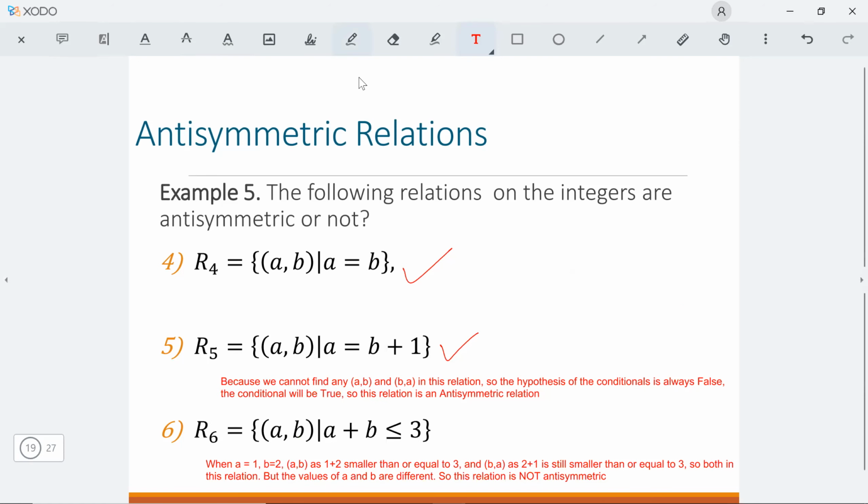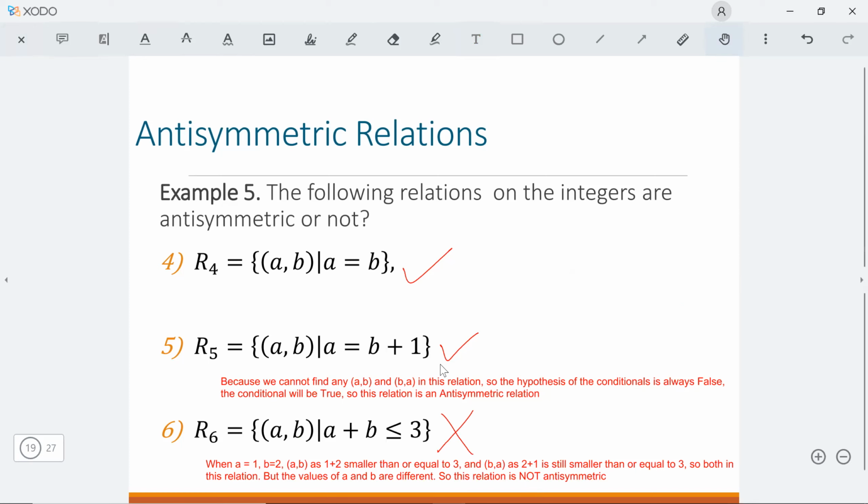Okay, so far so good. This is our explanation of several examples. We have 4 of them as anti-symmetric relations, and 2 of them are not.